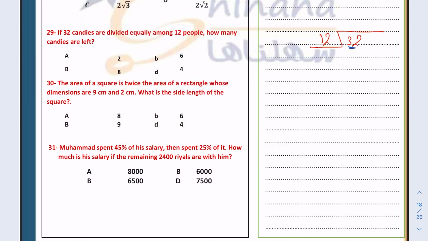It's maybe 3 and maybe 2. I can check. 12 times 3 equals 36. It's incorrect because I have only 32. I cannot distribute 36, so I will take 2. 2 times 12 is 24. Subtract. 32 minus 24 will be 8. So I have 8 candies left.